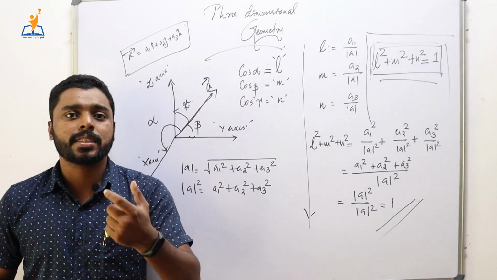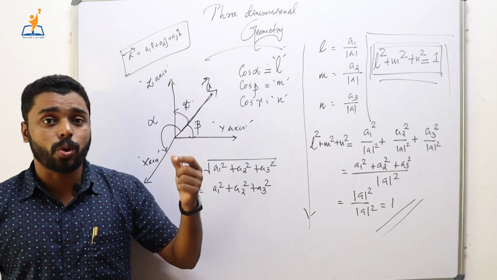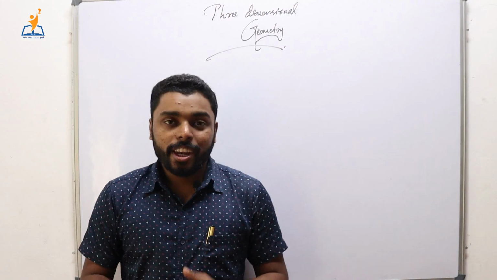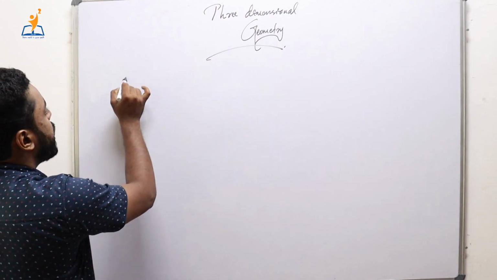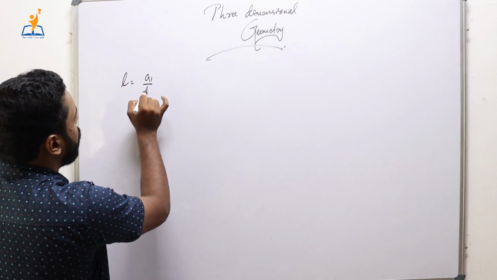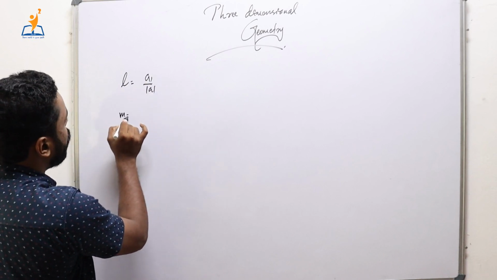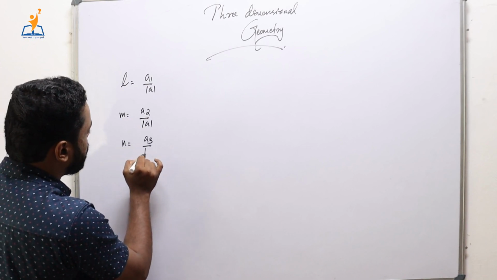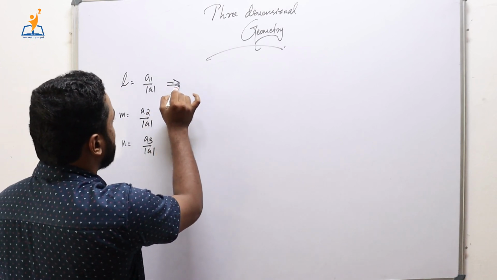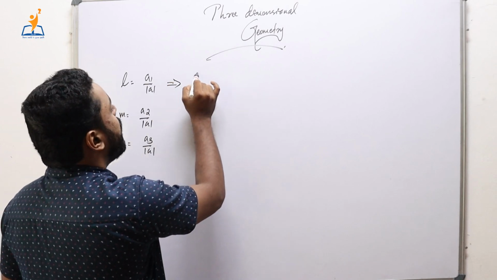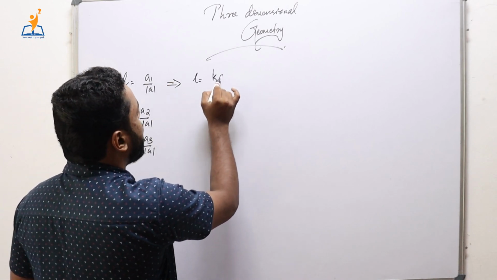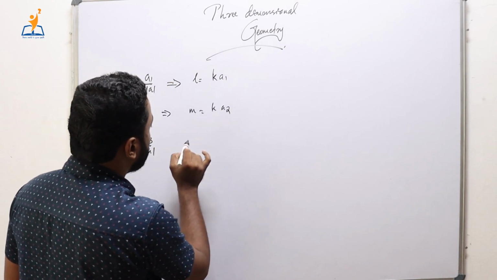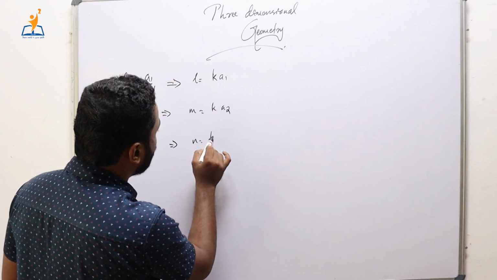Now we shall discuss some more important properties that we want to know before entering into the chapter. Since L is equal to A1 by mod A, M is equal to A2 by mod A, and N is equal to A3 by mod A, we can easily represent L is equal to KA1, M is equal to KA2, and N is equal to KA3.